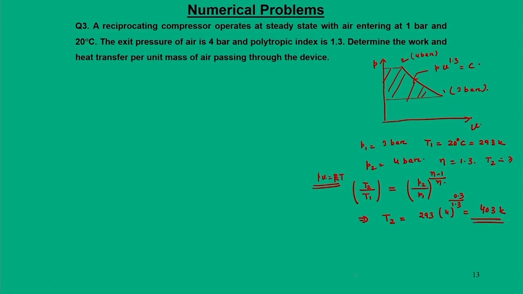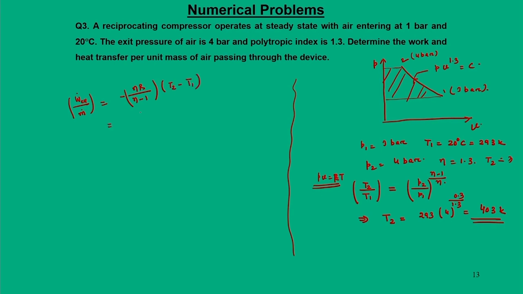So, we know T2. Then let us find out what is W dot Cv by m dot. So, recall our previous equation, that is minus nR by n minus 1 into T2 minus T1.